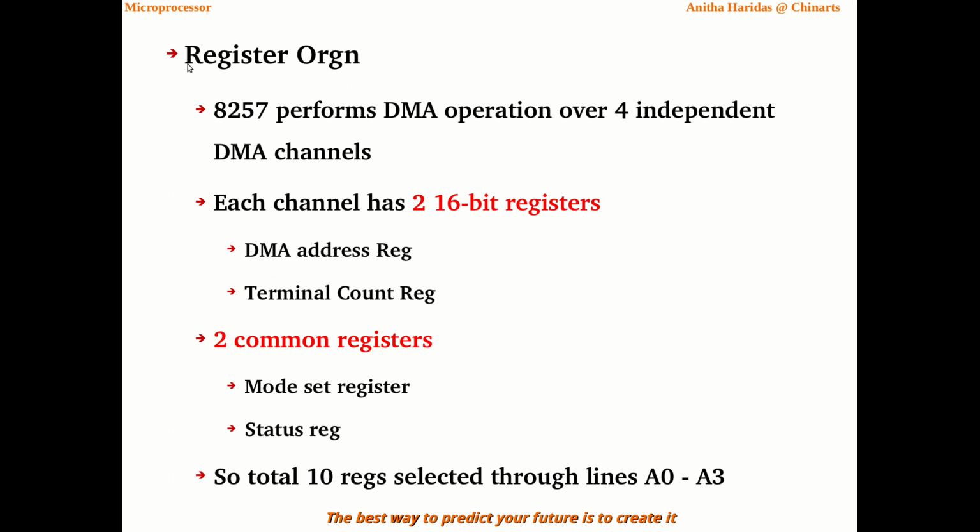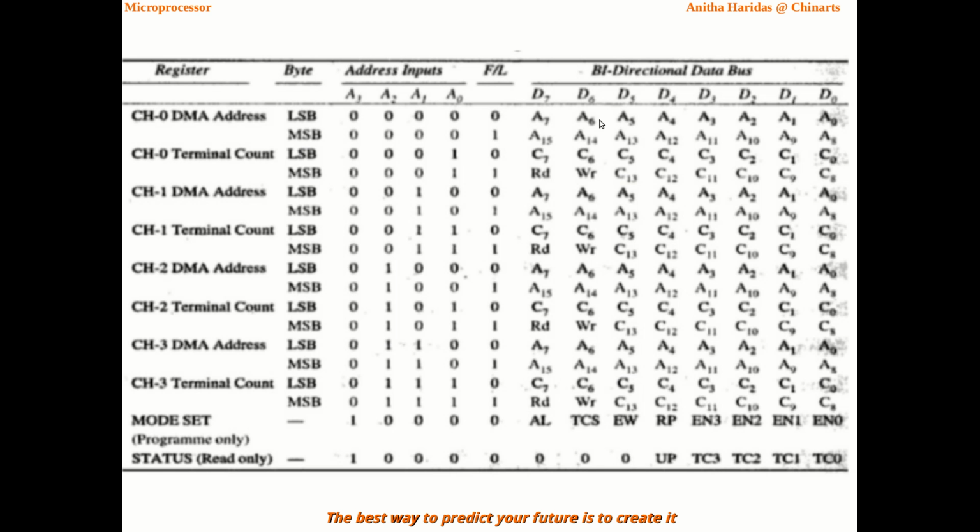Now these lines will be converted, right? D0 to D7 will be converted like this. So what happens when the address line is having 0000? It is going to select the address register of the first channel.